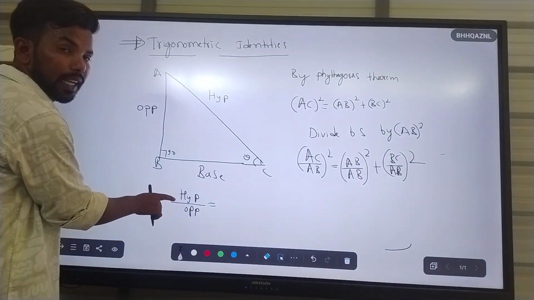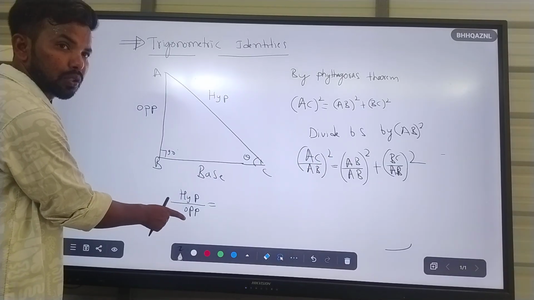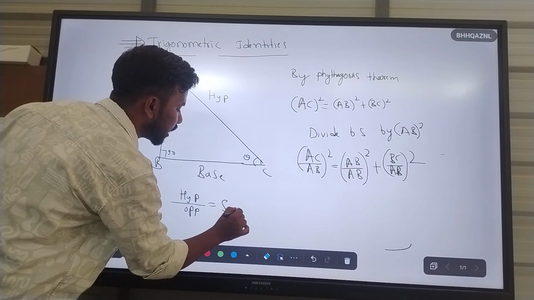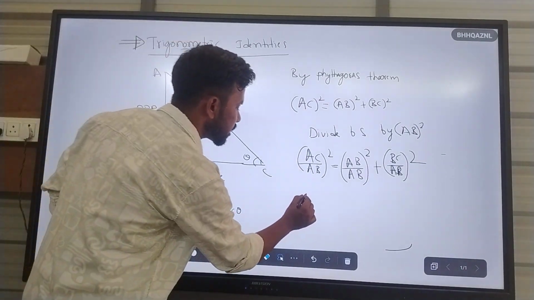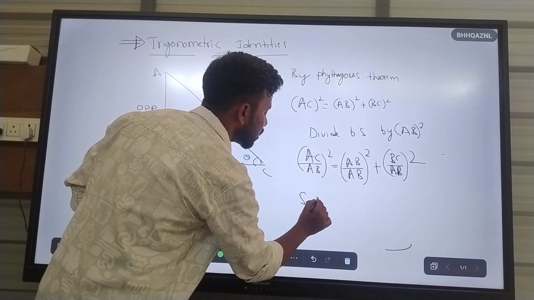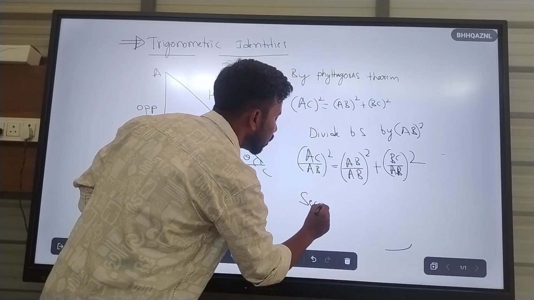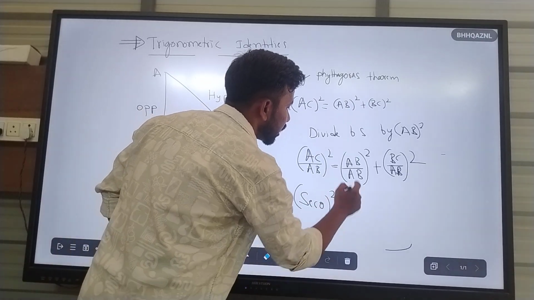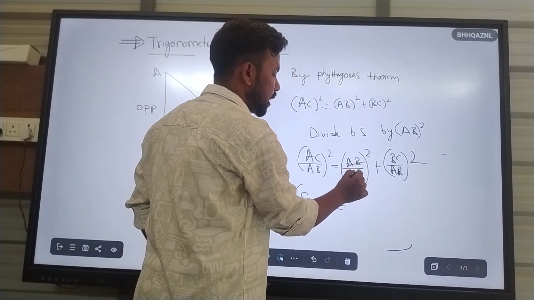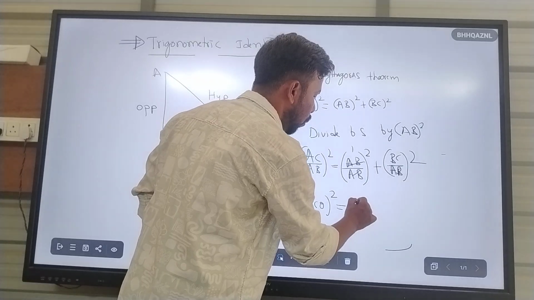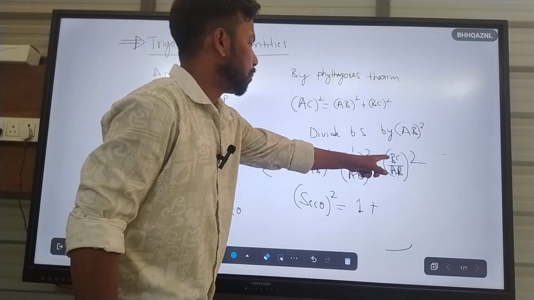Opposite by hypotenuse is sin theta, and here it is reversed, so it is secant theta. So here secant theta whole square. AB by AB is 1. So 1 plus BC by AB.